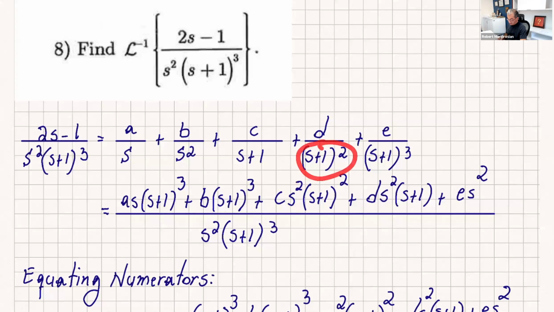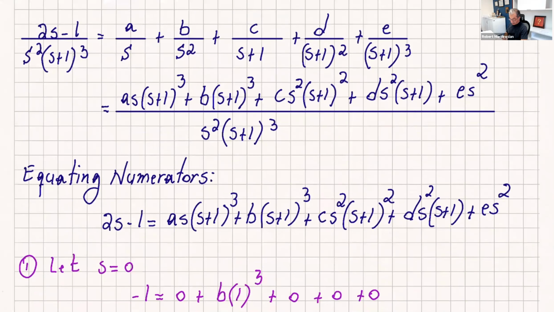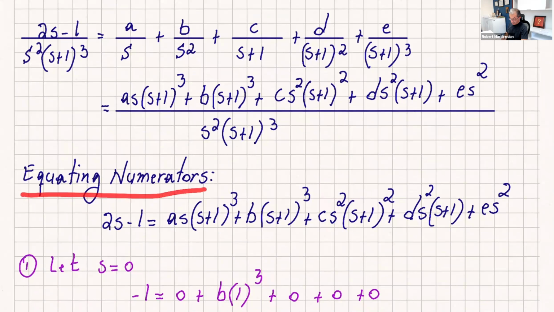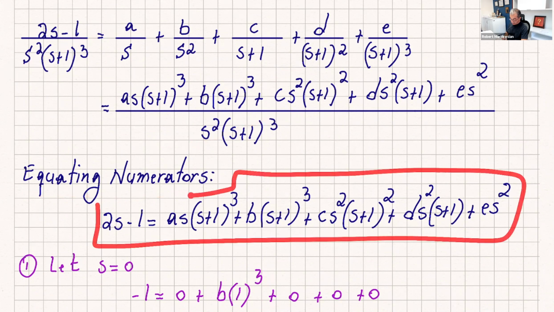This one has s plus 1 squared, so it's d times s squared times s plus 1. And this one has s plus 1 cubed as the denominator, so that's what you're missing, so you multiply e by s squared. You can put the numerators equal to each other because the denominators are going to cancel, and that's what you get.